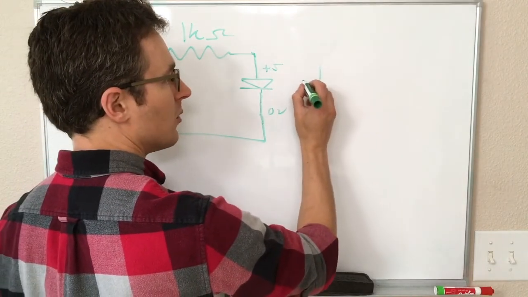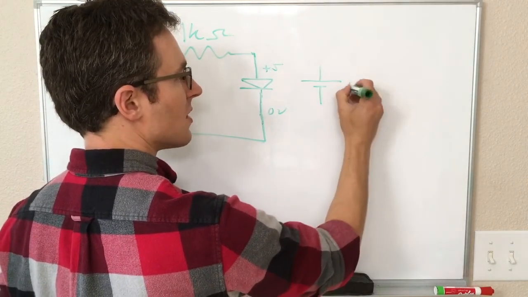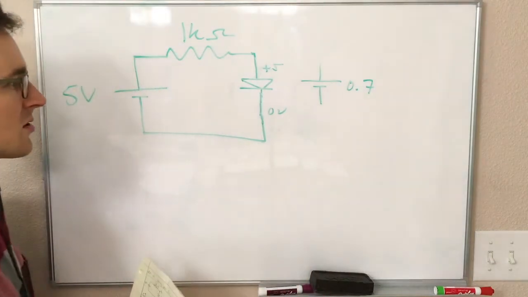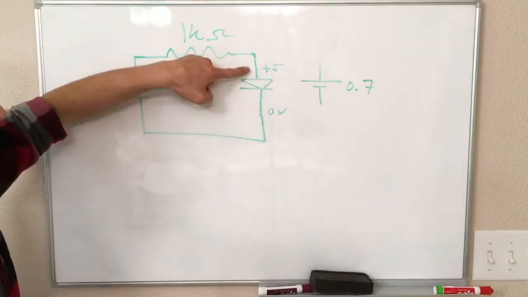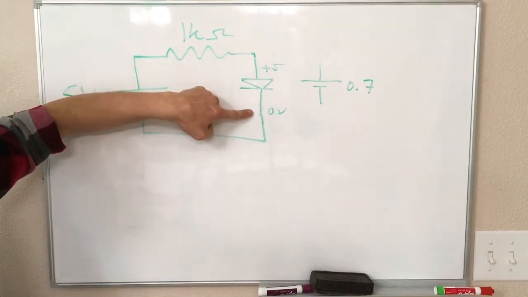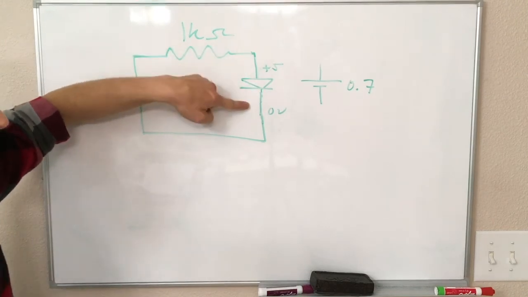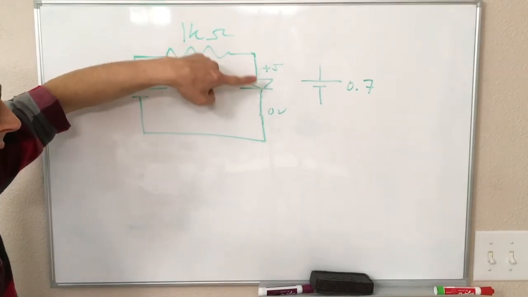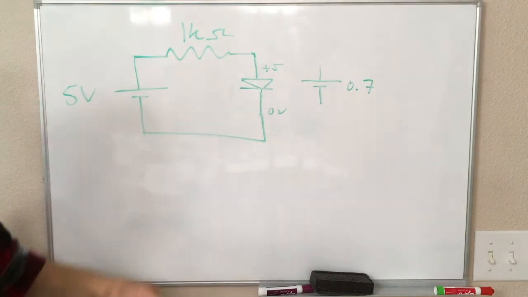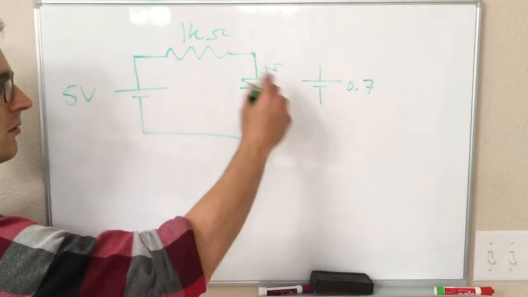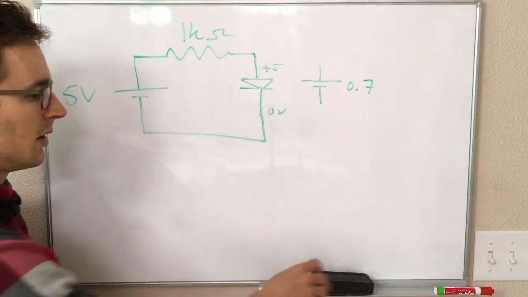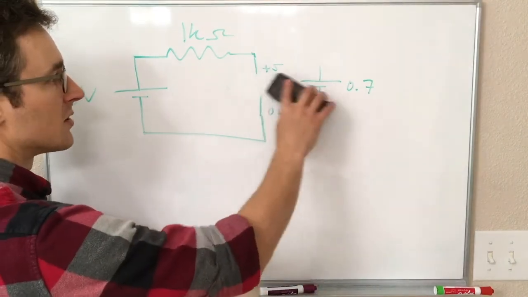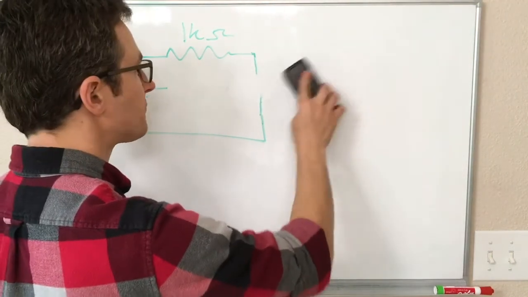If our diode is on, we want to replace it with a 0.7 volt voltage source that looks like this. So this can't be 0.5 and this be 0. This could be 0.7 and this could be 0, or this could be 5 and 4.3 or something. But this doesn't make sense.